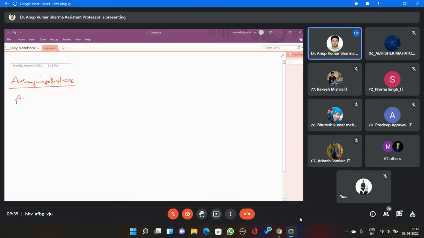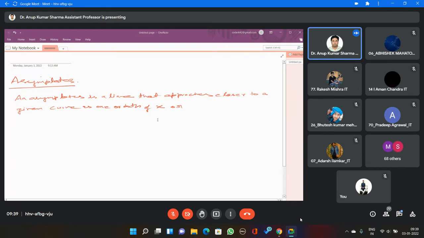An asymptote is a line that approaches closer to a given curve as one or both of the x or y coordinates tends to infinity. This is the book language.